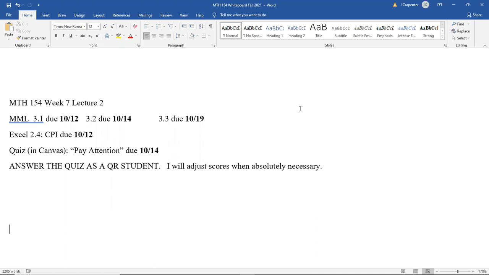If you give a answer that is not complete in terms of what I'm looking for as a QR student, then I don't have to give you any partial credit necessarily. Maybe I will, maybe I won't. It's a pretty common issue with this quiz, so pay attention. No sentences for the answers, no paragraphs. It's just a number, or a number in a word, or a number in abbreviation, something like that.